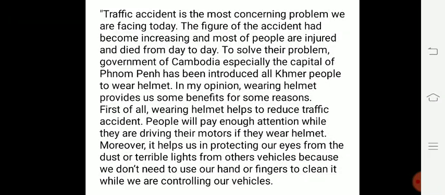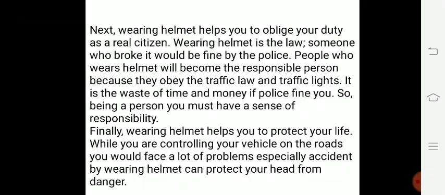So in the full counter view section you can see that I have used those points, but I have written the advantages of the helmet. Suppose the disadvantages are given to me, then I will write advantages. If the advantages are given to me, I have to write disadvantages.